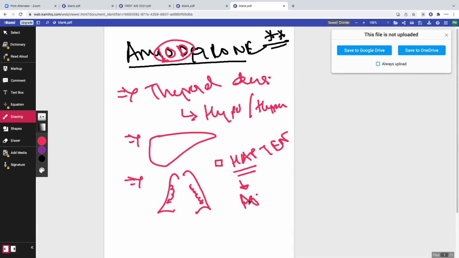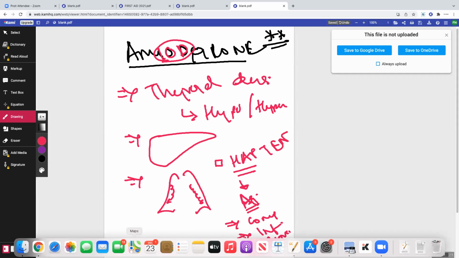Whenever we have haptens from the drugs, there's formation of antibodies, and antigen-antibody reactions can activate the complement system, and this can result in inflammation and fibrosis. Are we clear? Yes or no?